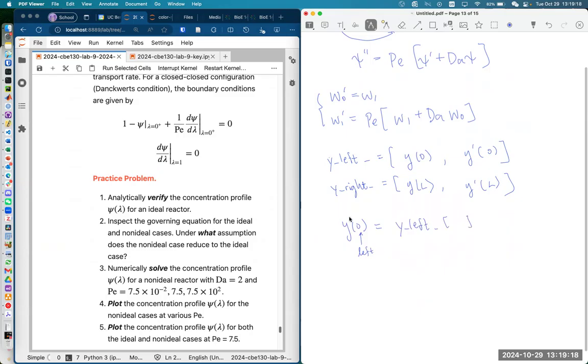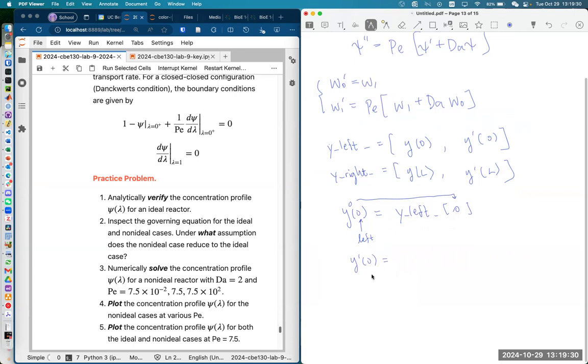This is the 0th derivative, the original function, so index 0. If I have y prime of 0, in Python, it's first the left boundary. So y left. And what is the index? It is the first derivative, so we use index 1.